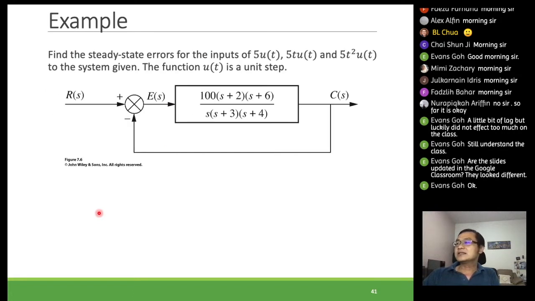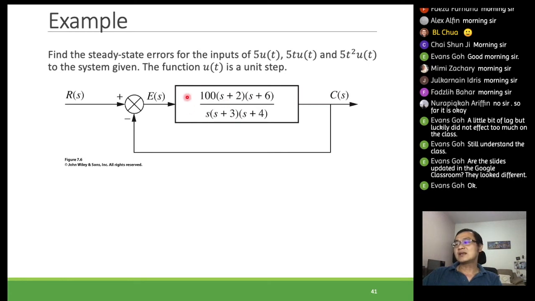So here is a straightforward example that you can try. This is a unity feedback system. The transfer function here has one integrator and one gain value k, and the rest is 0 in pole form.